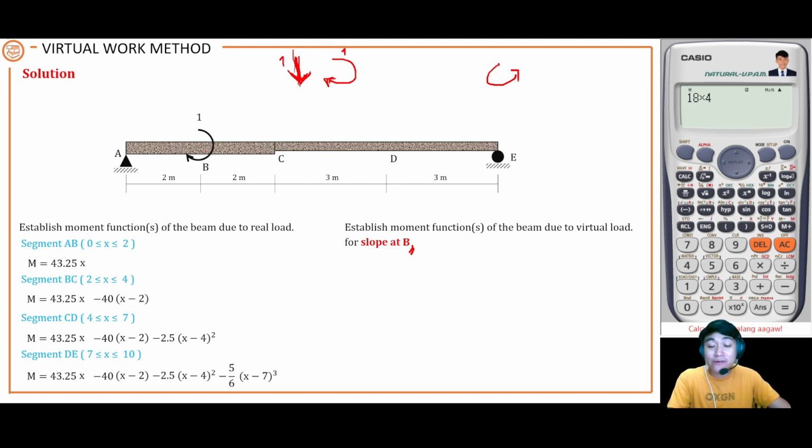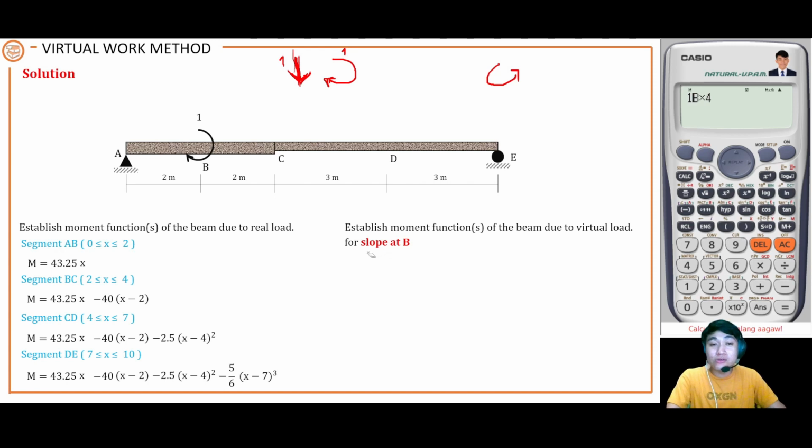If the value on our final answer is negative, meaning the assumption is not correct, the rotation at point B is not actually clockwise. So take note, this clockwise moment is just the assumption of the slope at B. You apply 1 unit moment when solving slope, and 1 unit concentrated load if you are going to solve deflections.